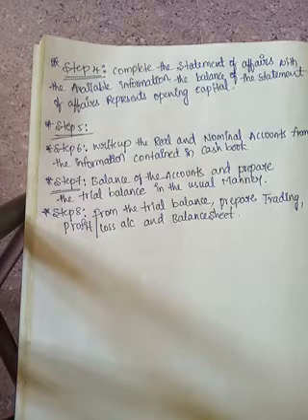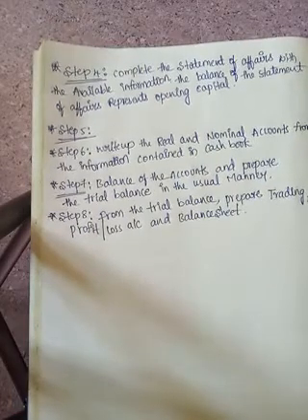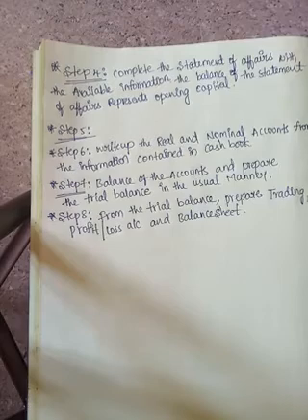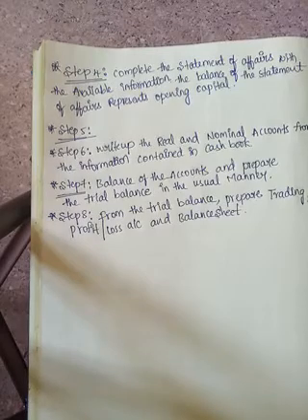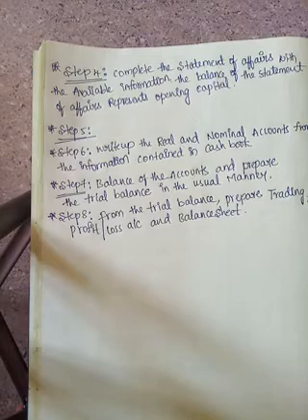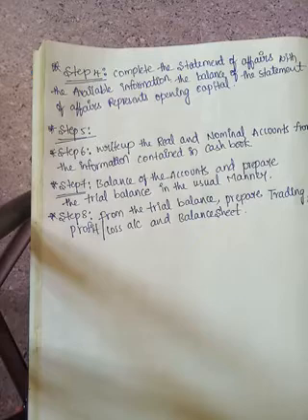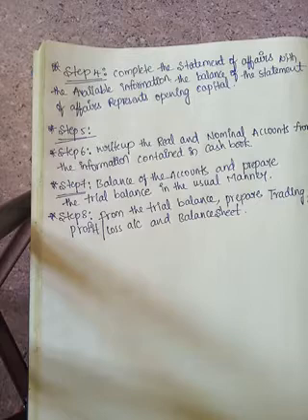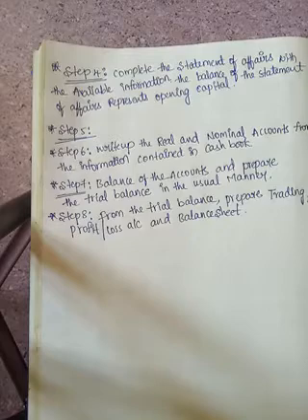Once you go through that, now write the pro formas of total debtors account, total creditors account, bills receivable account and bills payable account.